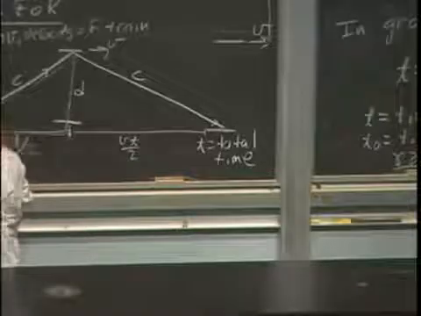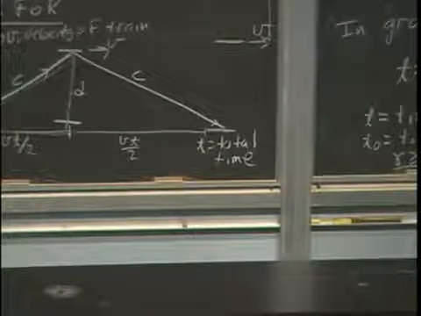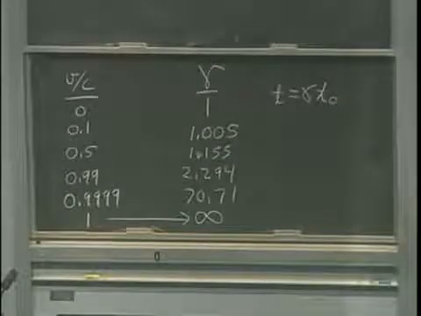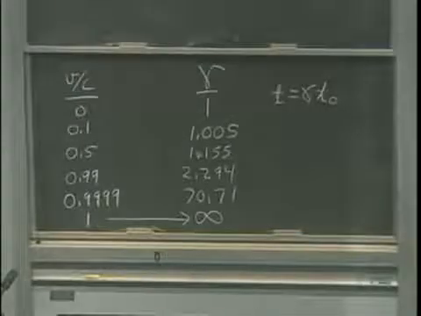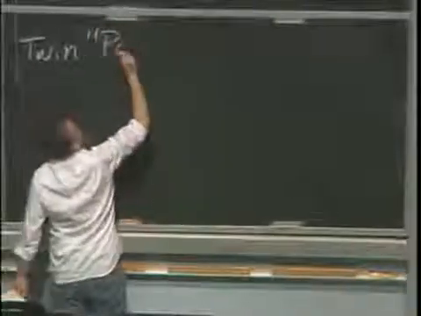Okay? So the big example of that is what's called the twin paradox. You guys have probably heard of this before. Okay, so the twin paradox is actually not a paradox. It's just a really good physics problem.